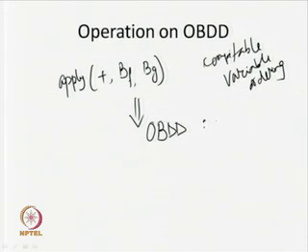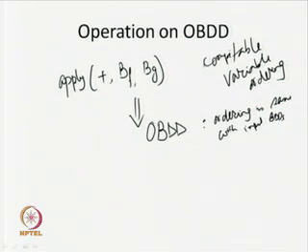In this case the ordering is the same as the input BDDs. Whatever ordering we have in the input BDDs, it is going to give the same ordering. But the ordered BDD that we get may not be a reduced one after performing this apply operation. So, to this resultant BDD we are going to apply the reduce algorithm. In the last class I think we discussed this particular reduce algorithm.